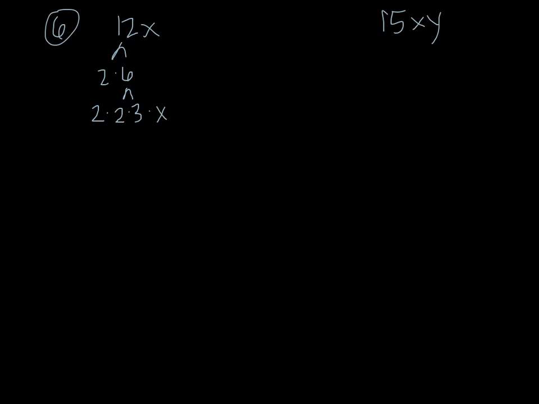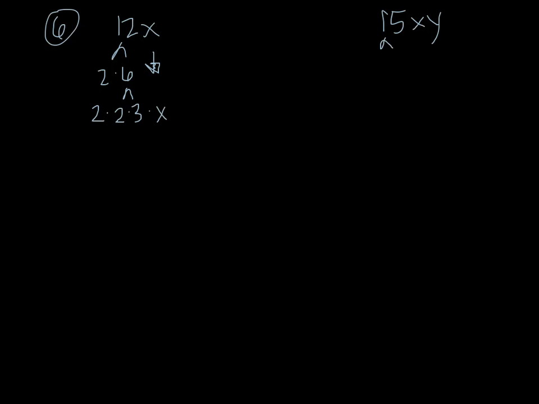Okay, for number 6, we are going to do 12x and 15xy. Okay, so for 12, I've got 2 times 6. 6 I can break down to 2 times 3, and times x. I bring down my x, because it's just one x, not x cubed or x squared or anything.